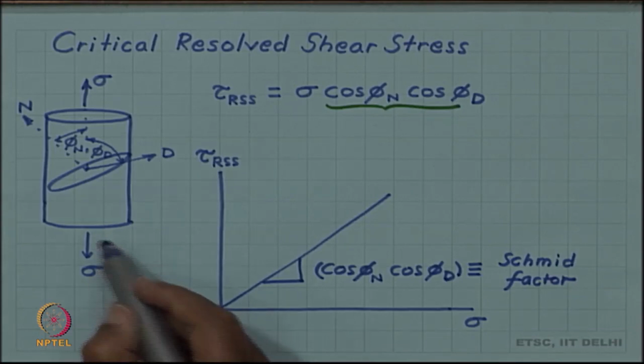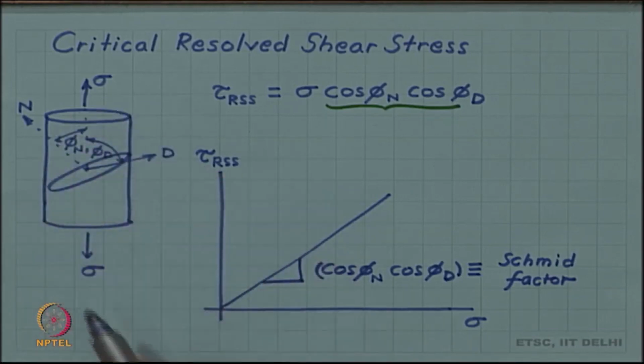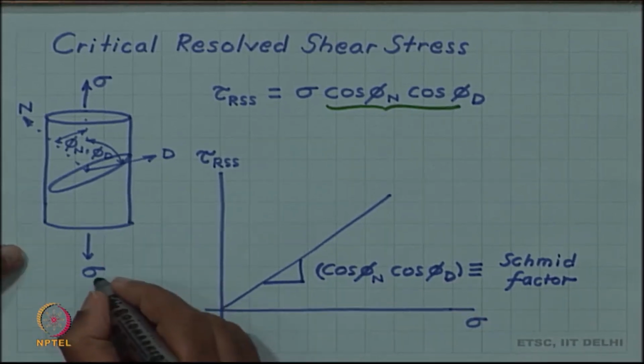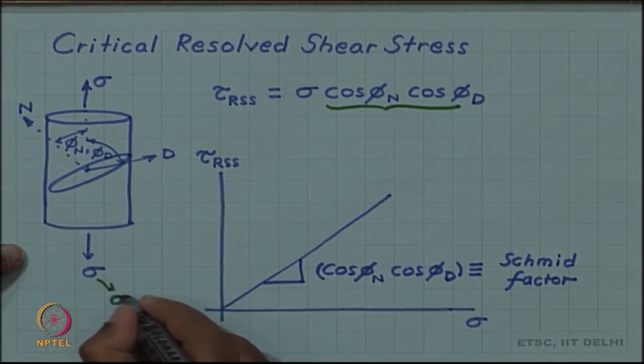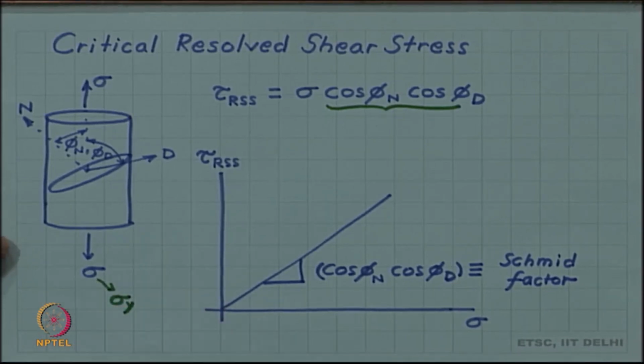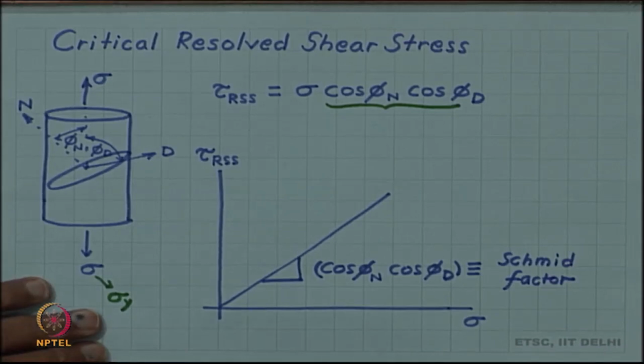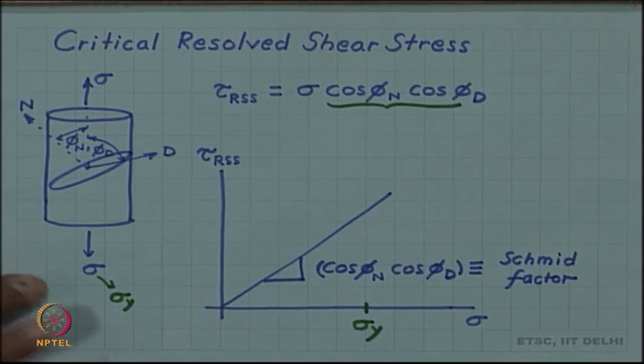Now, if you are doing a tensile test on the sample, sooner or later this tensile stress will reach a value sigma y, the yield stress, and when you reach yield stress there will be plastic deformation. So, let us now indicate that on the tensile axis there is a critical value called the yield stress at which yielding begins.